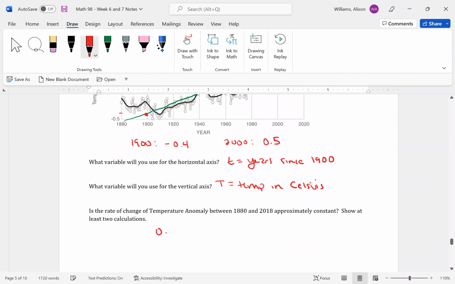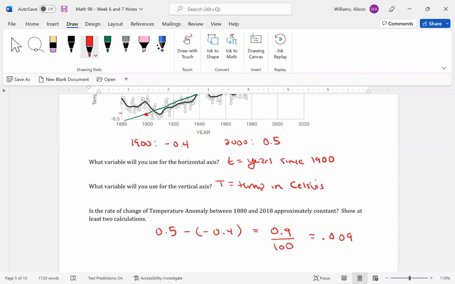So I'm going to take 0.5 and I'm going to minus negative 0.4. So really that becomes plus, right? When you minus a negative. So that's 0.9. And then I'm going to divide that by 100 years. That's going to come out to a very small decimal of 0.009.